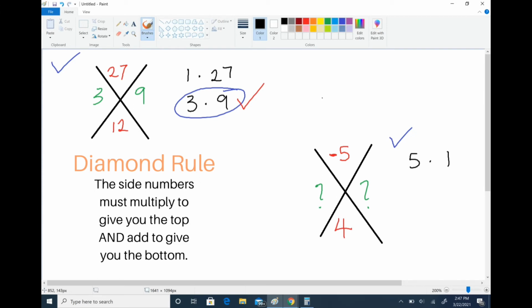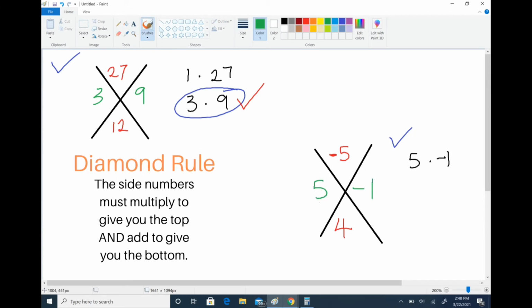So where can I put a negative on this 5 or 1 to get a -5 on top and add to give me 4? Well, it's going to be on the -1, because 5 times -1 will give me -5, and 5 plus -1, which is 5 minus 1, gives me +4. So my answers are 5 and -1.